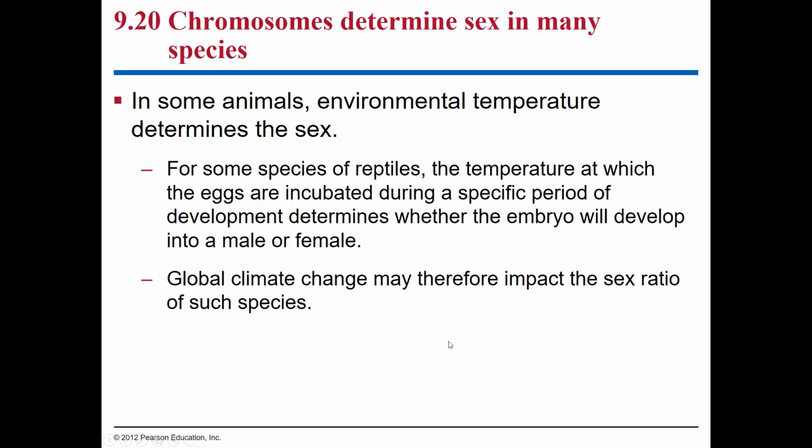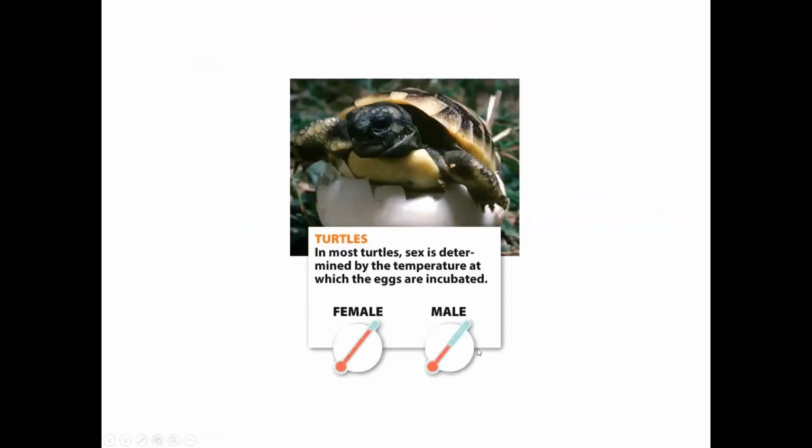And then in some animals, the environment actually determines the sex of the offspring. For some species of reptiles, the temperature at which eggs are incubated can affect whether they become male or female. So this has a really impactful discussion about global climate change and how it can impact the sex ratio of species.